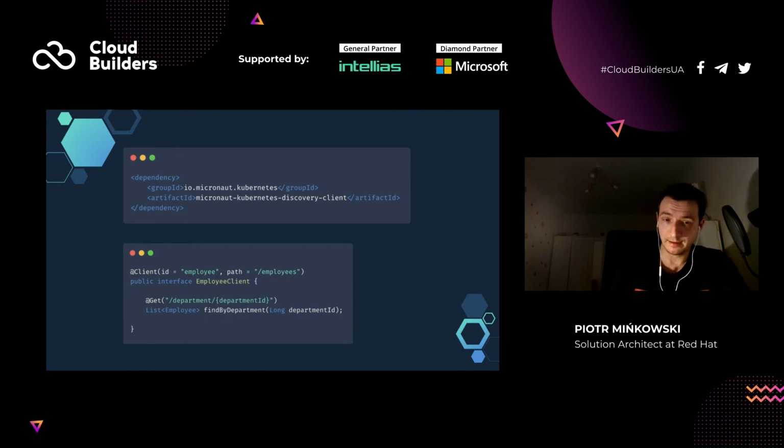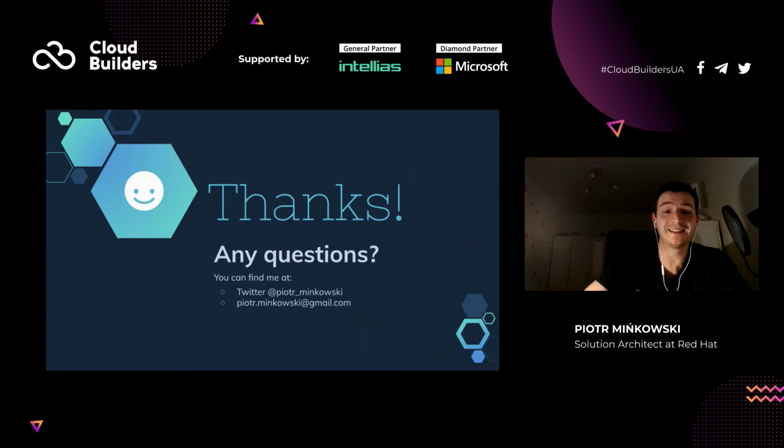Okay, and in fact, that's all I wanted to say today. It's not everything, because there are also some interesting tools that we can use for development. We didn't say anything about tools for automated tests. We also could say a little bit more about tools like Dekorate, for example, used by Quarkus to generate the manifest from source code.